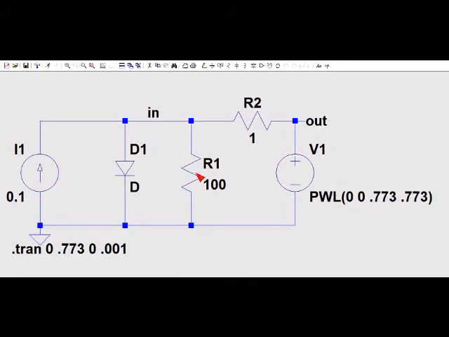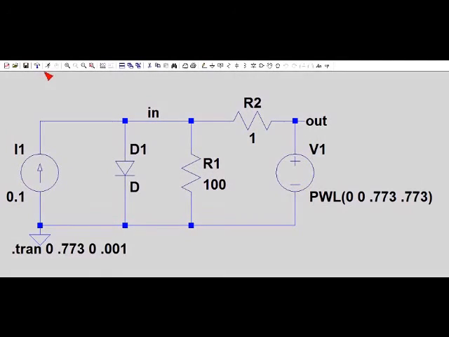Now this resistor R1 models the shunt resistance across the diode, and resistor R2 models the series resistance of the solar cell. Now this voltage source V1 is used to measure the current versus voltage characteristic of the solar cell. So let's take a look.